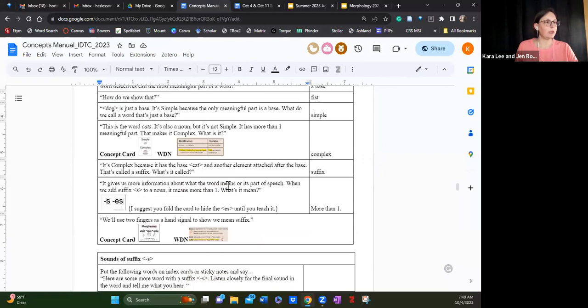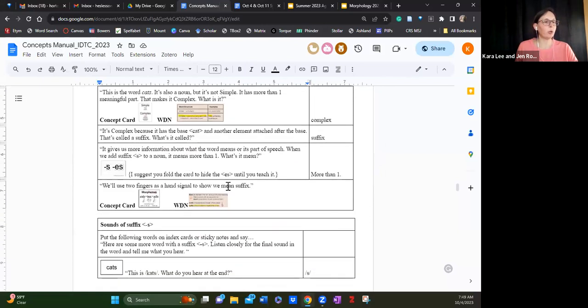And some other things that you're going to want to remember is that you have these suffix cards. There is one that's for S and ES on the same card. And I did that because they're so obviously closely related to each other.